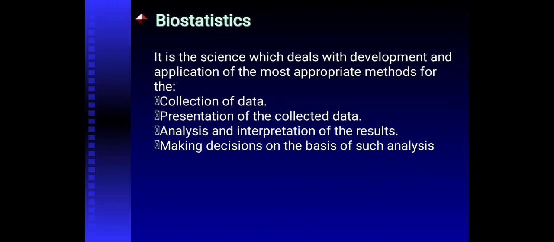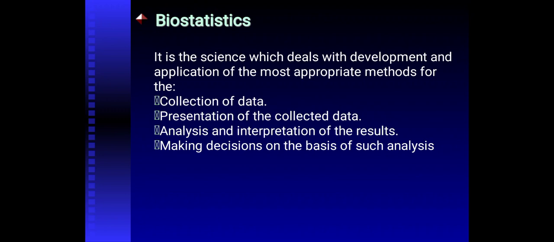Biostatistics is a science which deals with the development and application of the most appropriate methods, like collection of data. Then the collected data is presented in the form of a tabular column or a graph. Then the data is subjected to analysis and finally interpretation of the results.